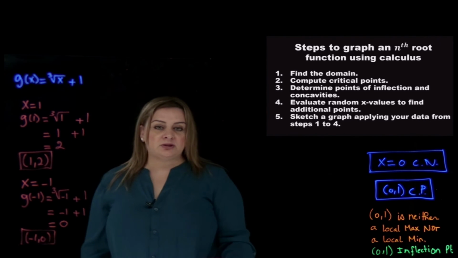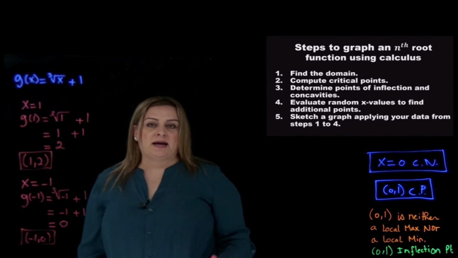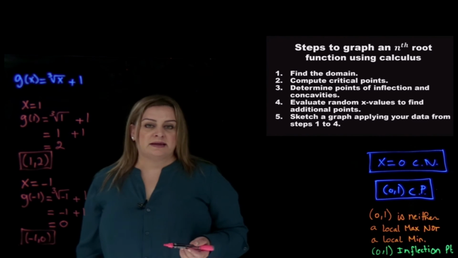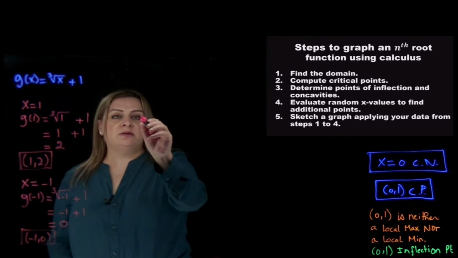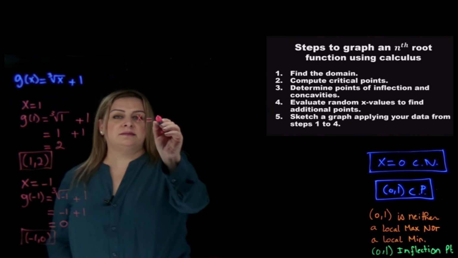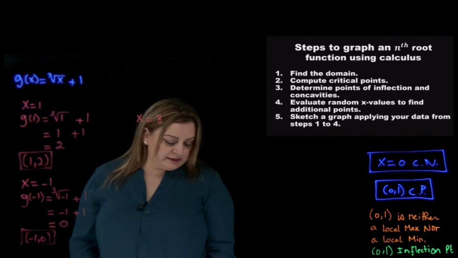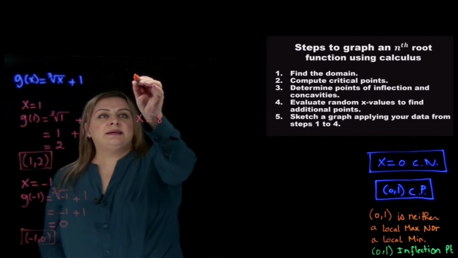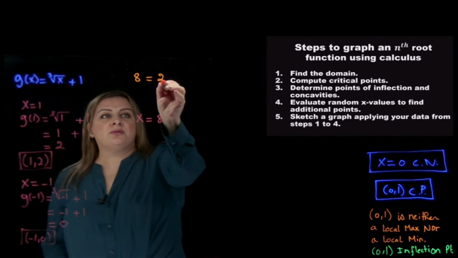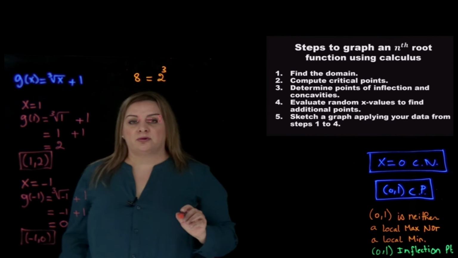We may consider two other points, x equals 8 and x equals -8, because 8 would simplify under our radical. If I allow x equals 8, I will show you a little demonstration of why this would work. We may write 8 as 2 to the third power.